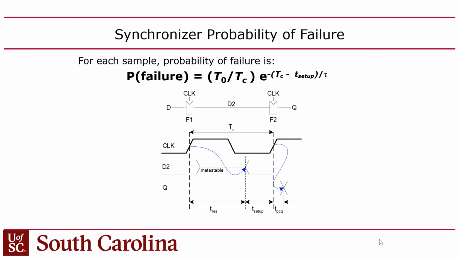As long as it resolves itself within that period, then the second flip-flop won't be metastable because the input in between will become stable in time. You guys with me? So obviously, if you have a longer Tc, this probability will be much better, right? But if your clock period is really small, then it becomes more likely that this will fail. Make sense?